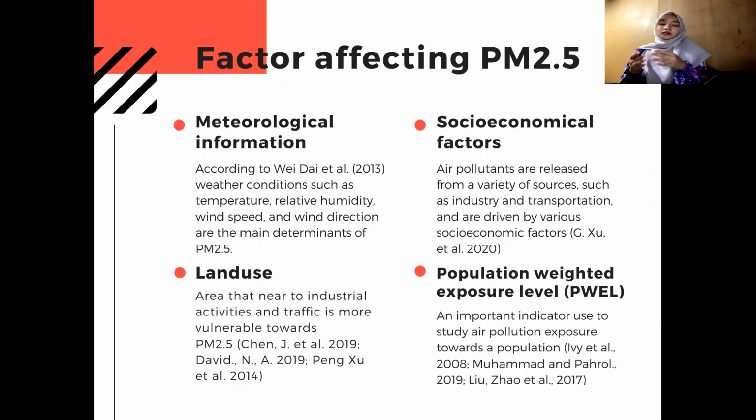For land use, areas near industrial areas and with more traffic will have a high particulate matter 2.5 concentration because they emit a lot of particulate matter 2.5. Population weighted exposure level is an indicator used to indicate the exposure level of populations towards particulate matter 2.5. It has a formula that we need to calculate to know the population weighted exposure level.